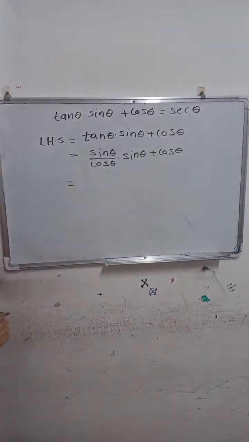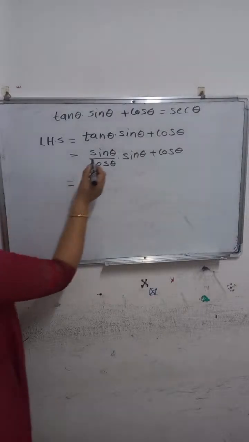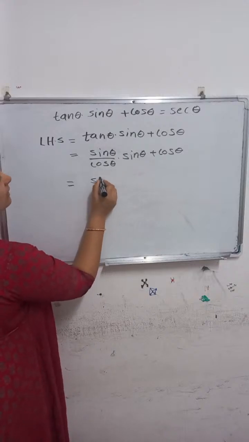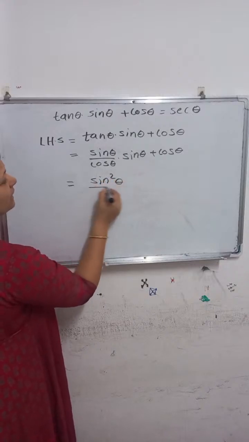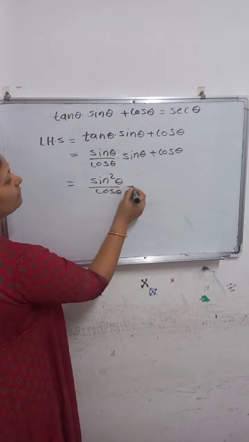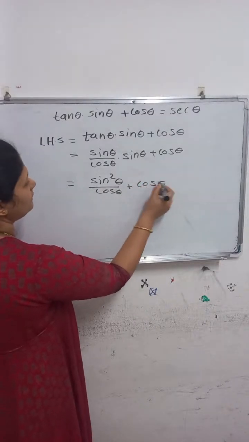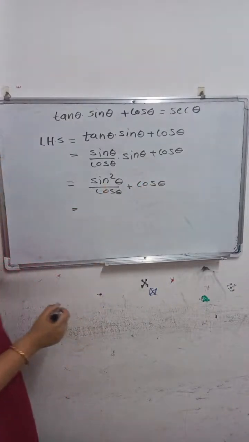Can you get up to here? We just did the conversion. Now sin theta into sin theta is nothing but sin square theta upon cos theta plus cos theta. Can you get this?